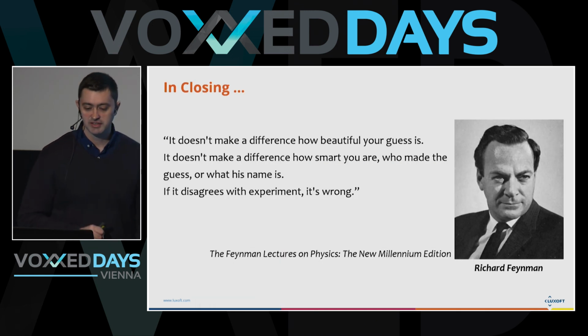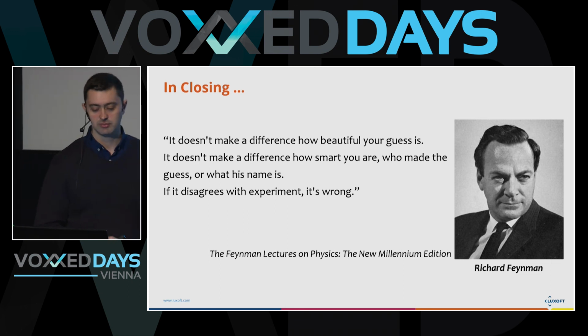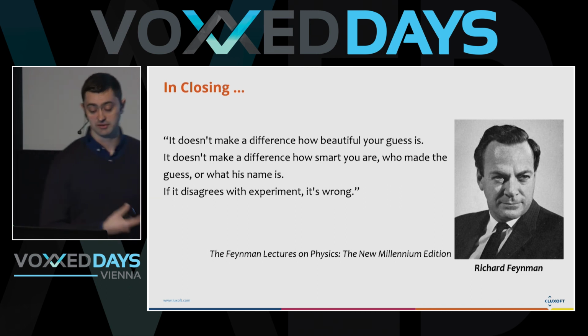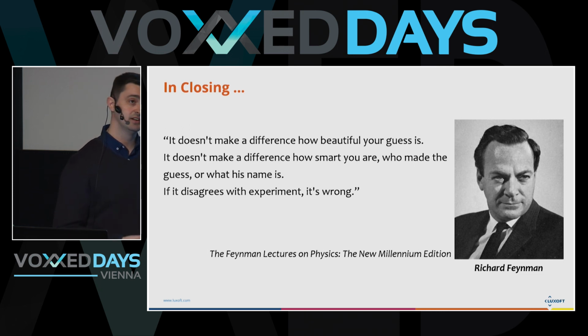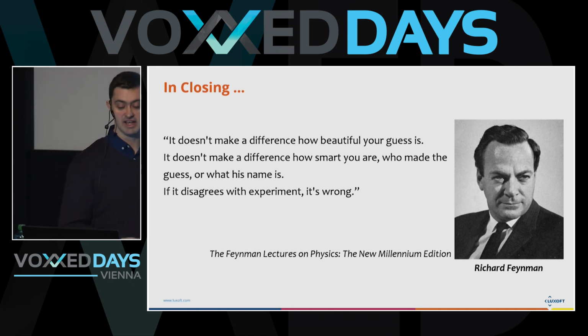So all of this being said, I want, in closing, to end with a quote from Richard Feynman, a guy who really inspired me. He was a very smart guy, and he said that it doesn't make a difference how beautiful your guess is, how smart you are, who made that guess.